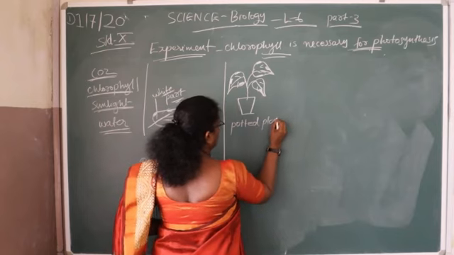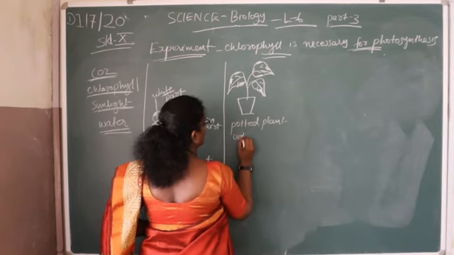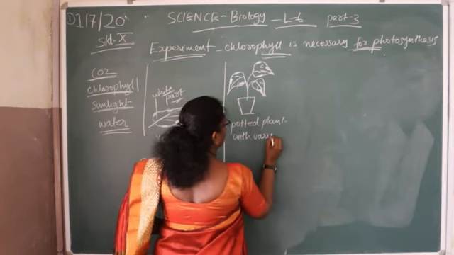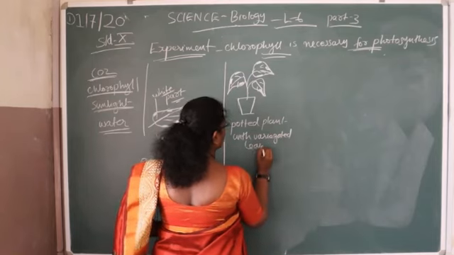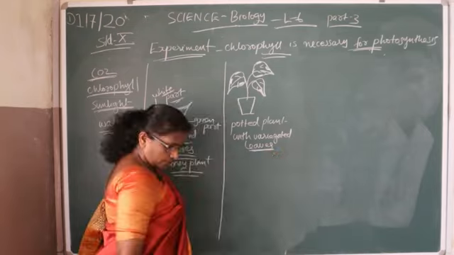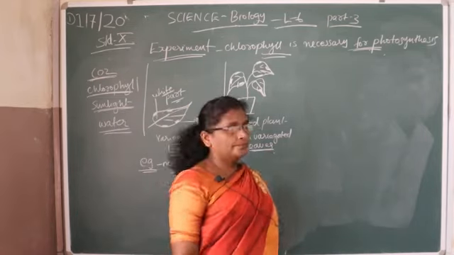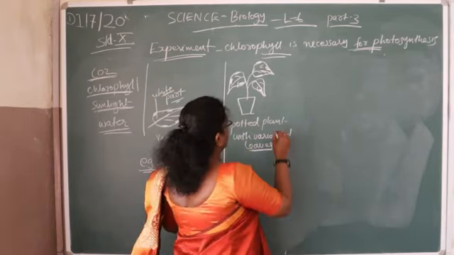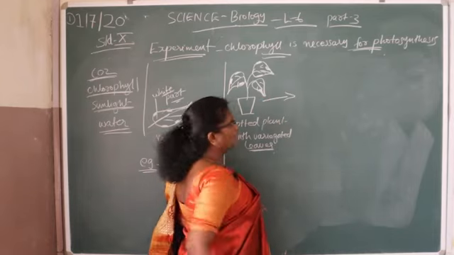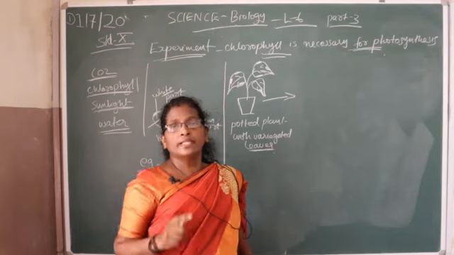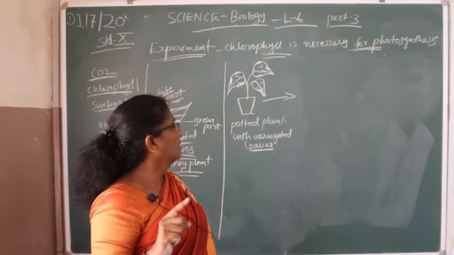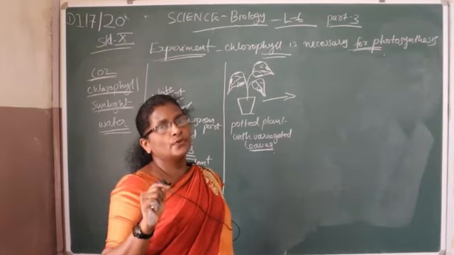The next step, keep this potted plant with variegated leaves in a dark room for 3 days.